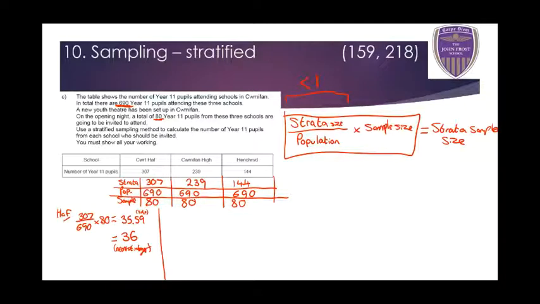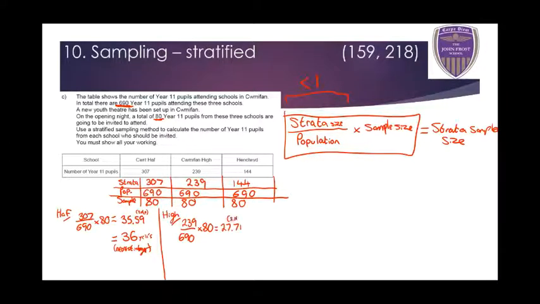36 pupils from Cumulative, so 36 year 11s. What about Cumulative High? So I'm just going to call this High. Again, what's our strata? The strata is 239. Just going to reuse that formula. 239 divided by 690 multiplied by 80 is equal to, chuck it in your calculator, and you should get 27.71.